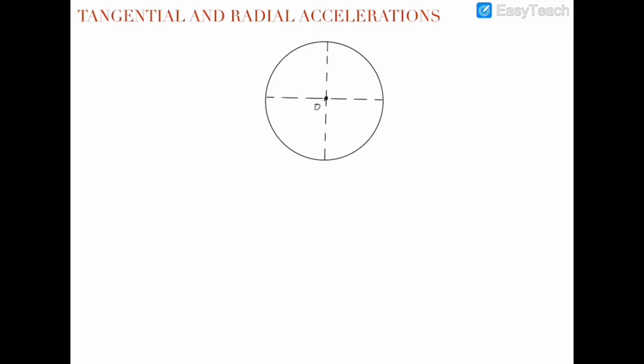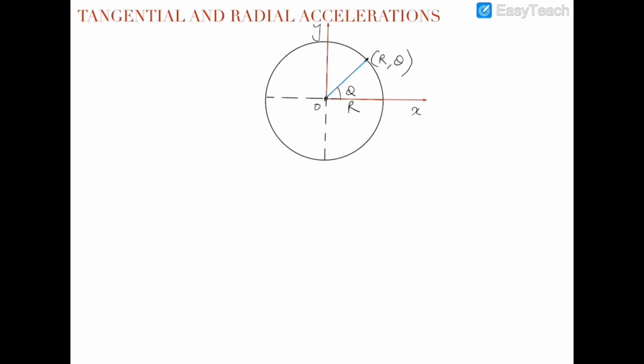Now if this center is also the origin, then this is the x-axis and this is the y-axis. And the particle is at some position here which is inclined at an angle of theta. So the radius of the circle is r, and the polar coordinates of this particle are r comma theta.